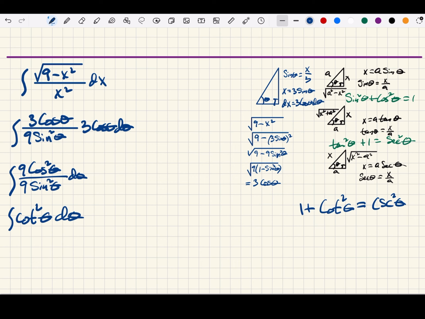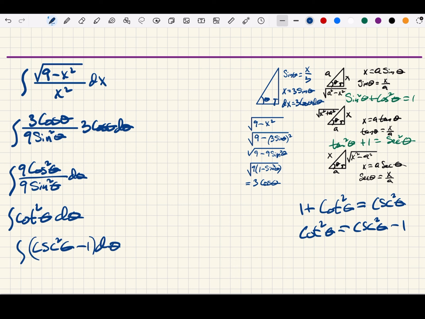Now, I've got cotangent squared, so I'm going to subtract 1 from both sides, and I'm going to find that cotangent squared is cosecant squared minus 1, right? So this whole thing then becomes the integral of cosecant squared theta minus 1 d theta.